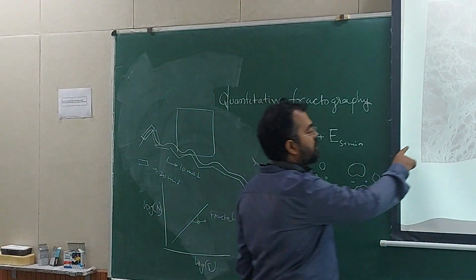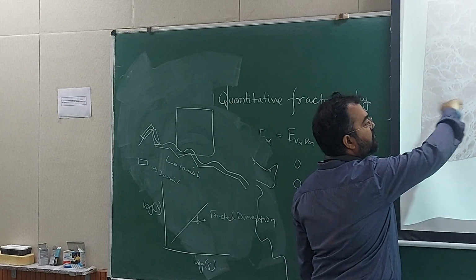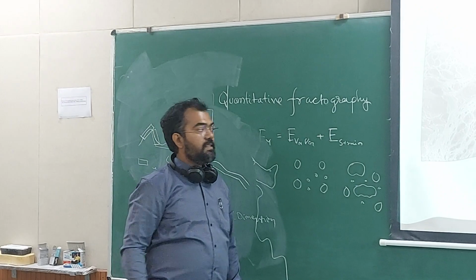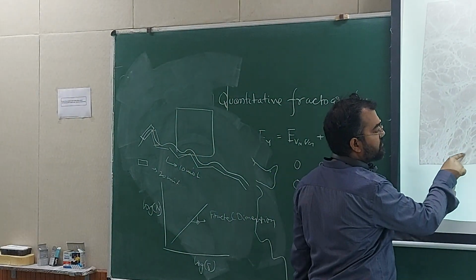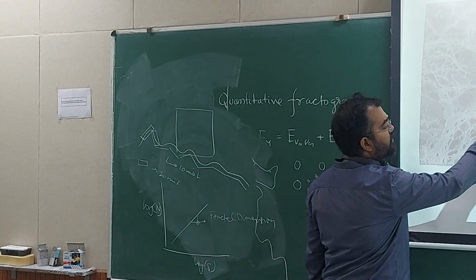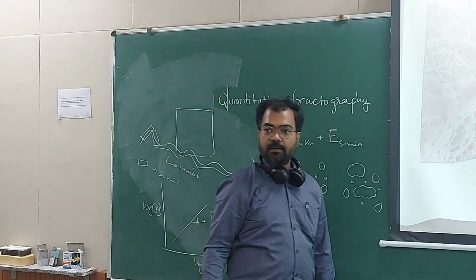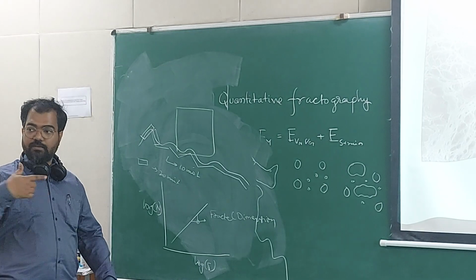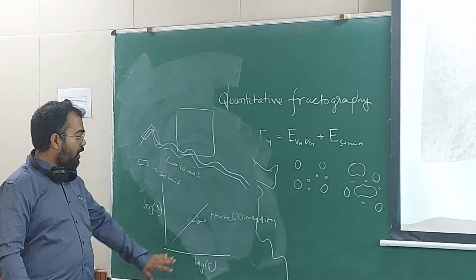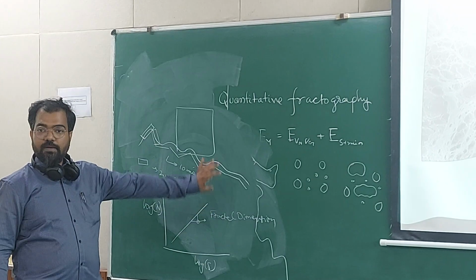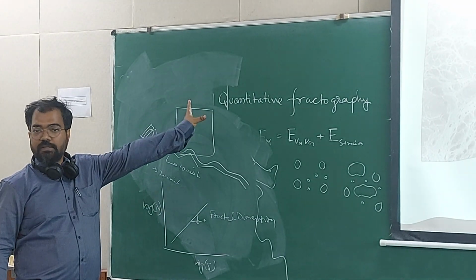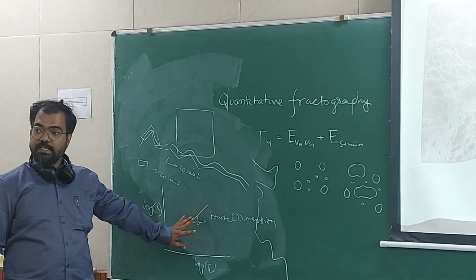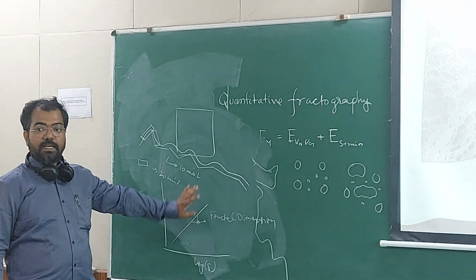Then you divide this into small boxes, small pieces, and then you count the boundaries of the dimples by placing boxes around it. Then you do it for different magnifications, and then you plot them. For one magnification also you can change the boxes, and then you plot this and get a value, and you should do this at different locations.